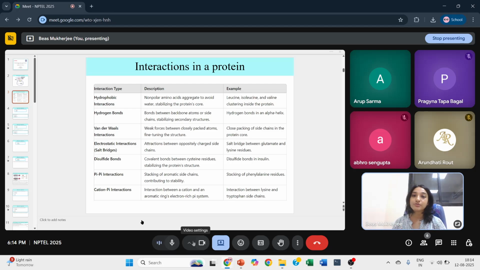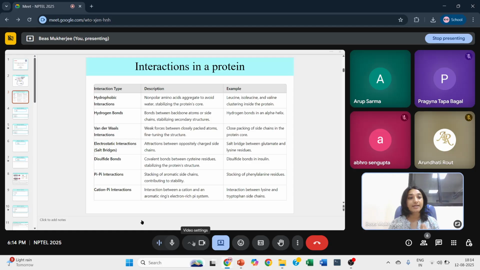Hydrogen bonds between the backbone atoms or side chains are important for secondary structure formation, and they are very important in alpha helices. Van der Waals interactions are weak forces between closely packed atoms and help in fine tuning the structure. Close packing of the side chains in the protein cores is done by van der Waals interactions.